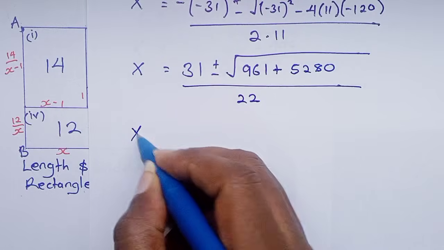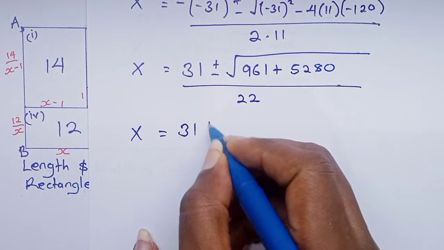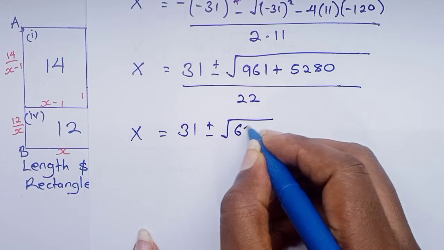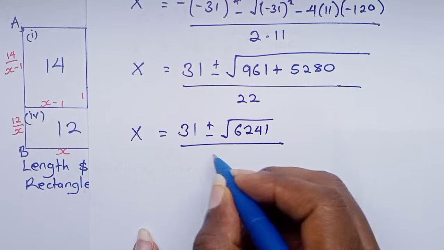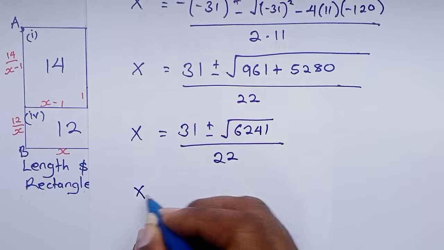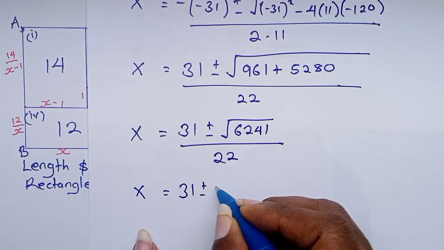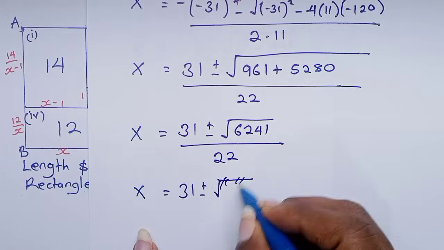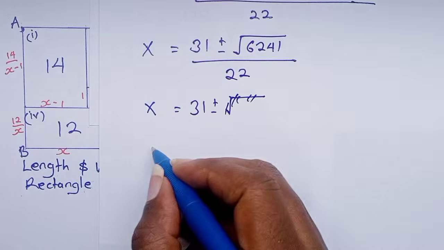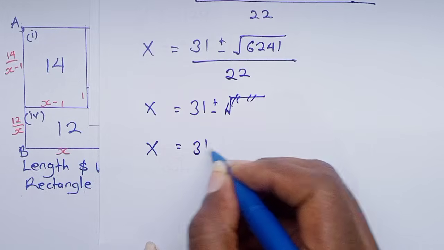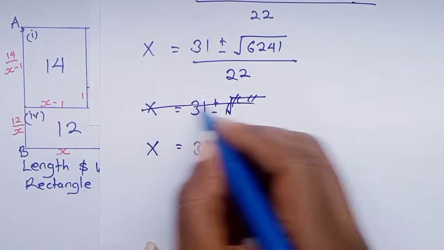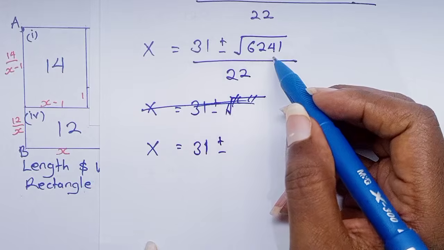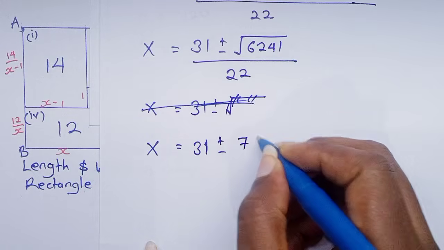So x equals 31 plus or minus root of 961 plus 5280, which gives us 6241, over 22. So x equals 31 plus or minus the square root of 6241, which is 79.